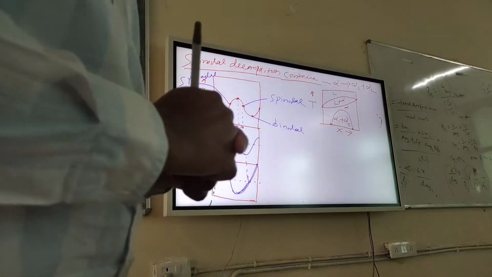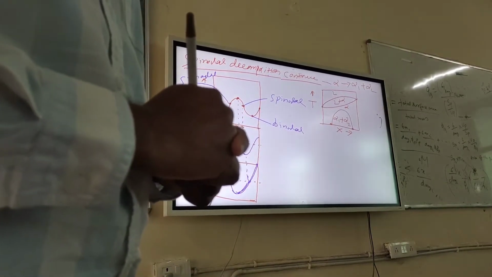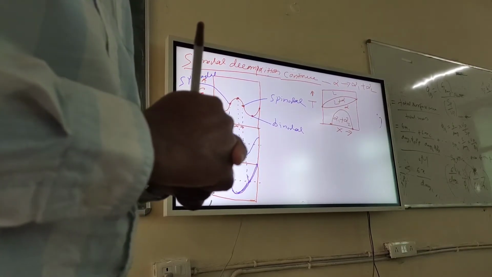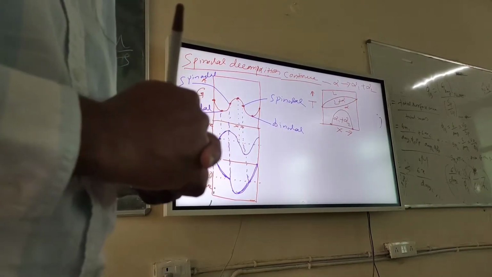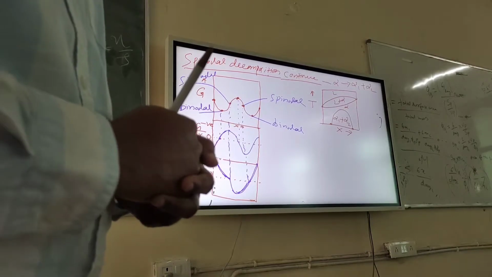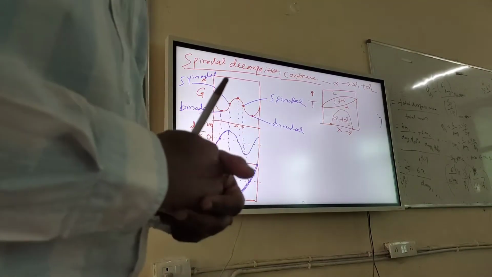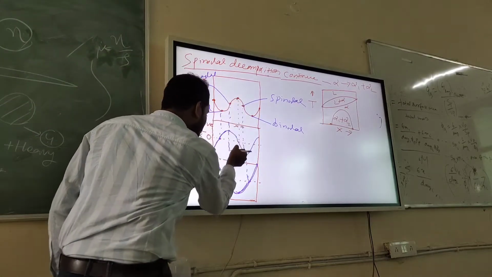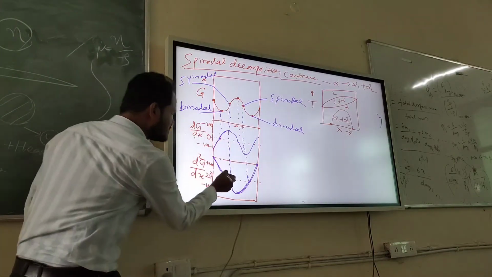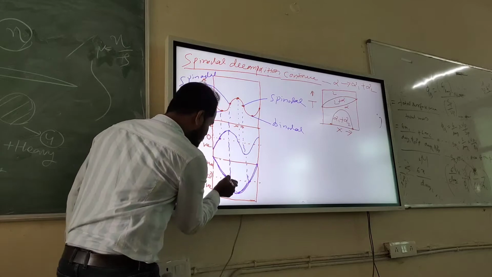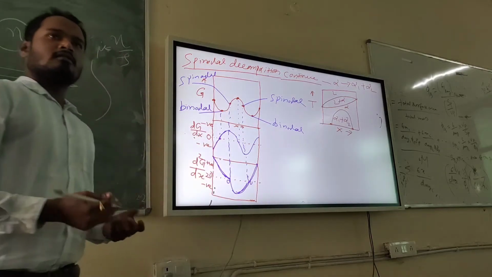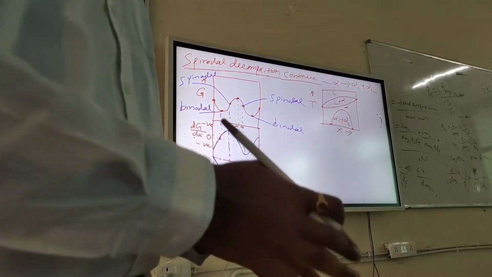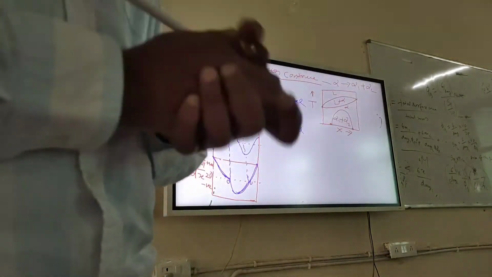So a spinodal point is the point where d square G by dx square is how much? Just check it. It is already there. D square G by dx square is how much at spinodal points? I have joined this one with 0. This is the 0 line. So you can simply write that spinodal points are those points where d square G by dx square is equal to 0.